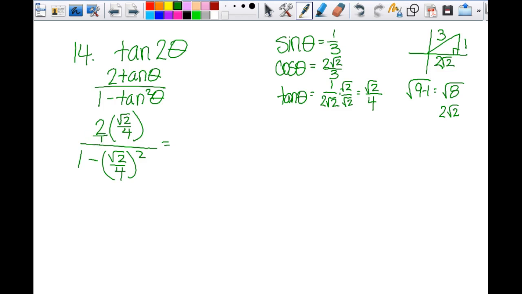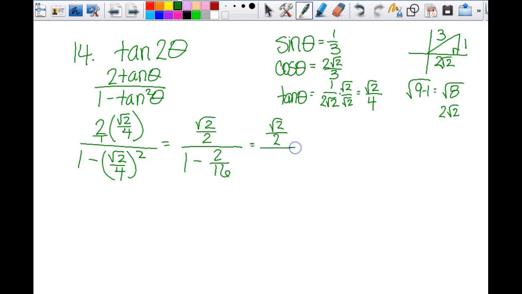All right, so as I do this, if I think about this as being over 1, this is 2 square root of 2 over 4, which really just becomes square root of 2 over 2, right? And then this is going to be 1 minus, well, when I square this, the square root of 2 squared is 2 over 16, because 4 squared is 16. So then I'm going to keep going, and I'm going to make this square root of 2 over 2. I'm just going to leave that there for right now.